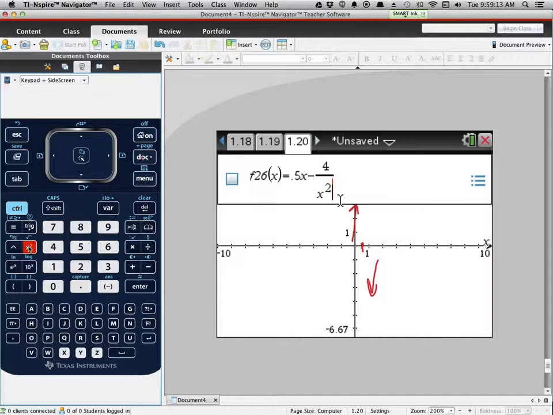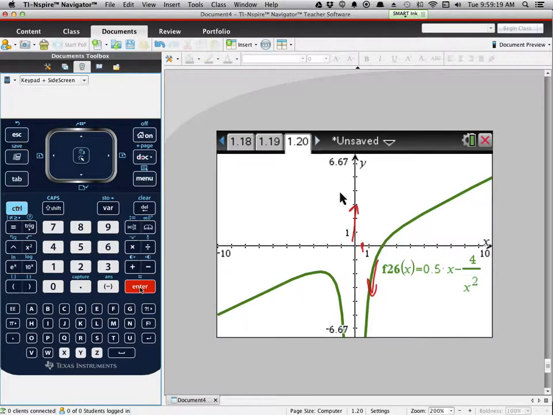Is that correct? Okay, so we just said as it goes out to the left, it should be going down if we did it right. Notice, as we go out to the left, what's my graph doing? It's going down.